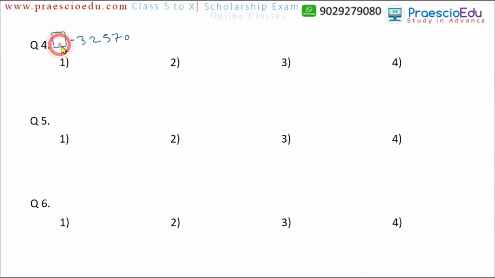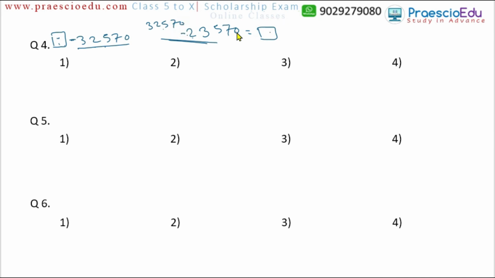Something number I just marked for your understanding: box minus 23,570 is subtracted from this number. If this 32,570 is subtracted, this is another condition, this minus this one gives the same number which is in the box. What can we say about this answer? What will we get?